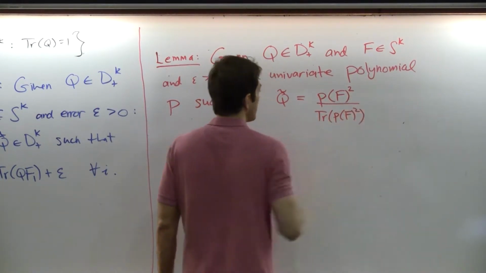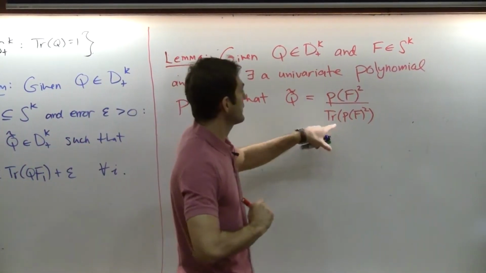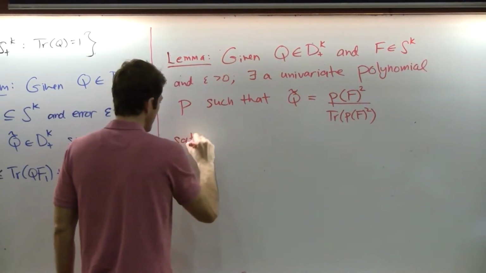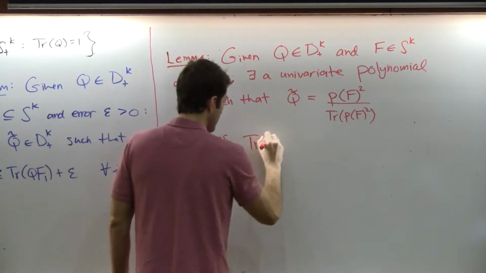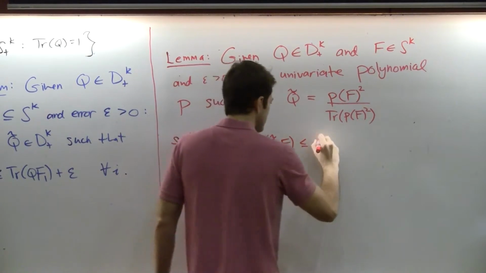This is just a normalization to make sure that this thing is a density. And we want that to satisfy that it does almost as well on the test as Q.